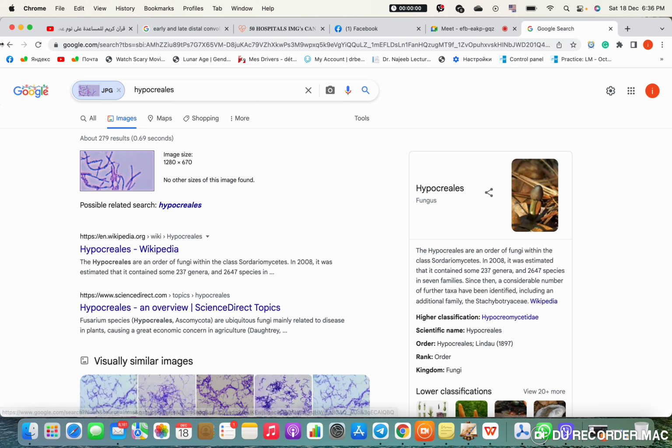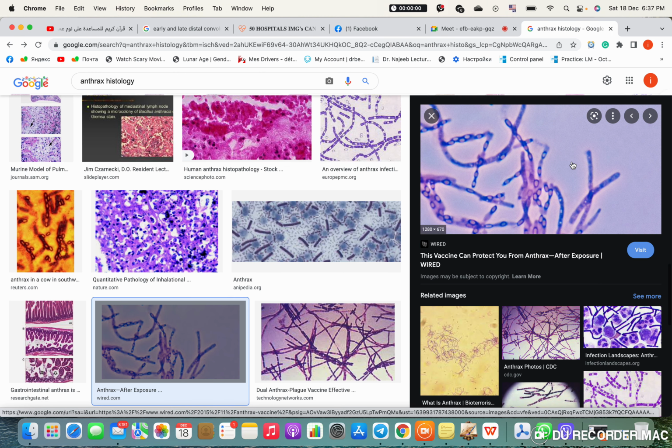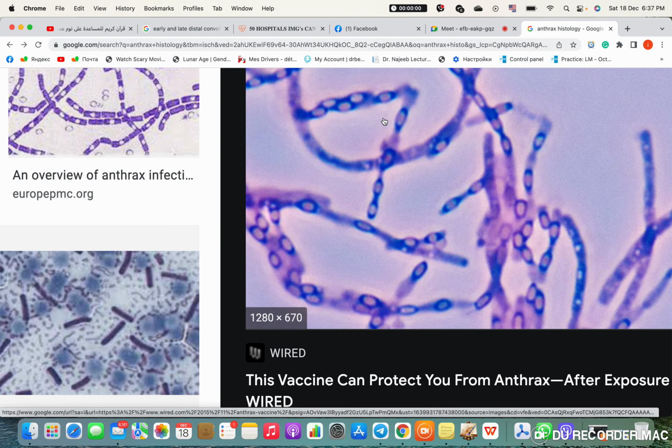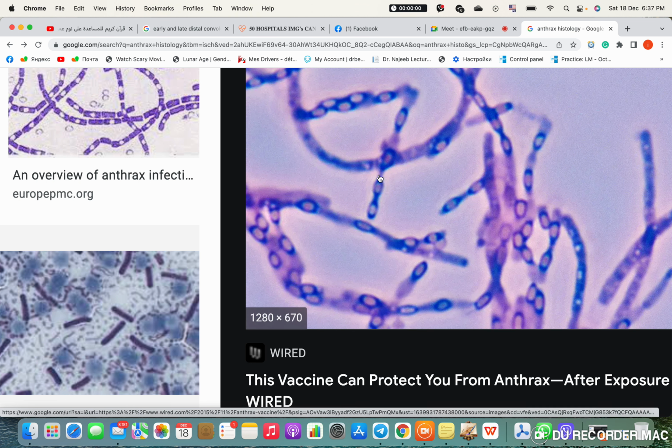Rod in chains, correct. And the little round structures are actually the spores of the anthrax. Yeah, these are the spores. And we know that anthrax is spore-forming. So the spores will be here and then they will be detached and released into the local area.